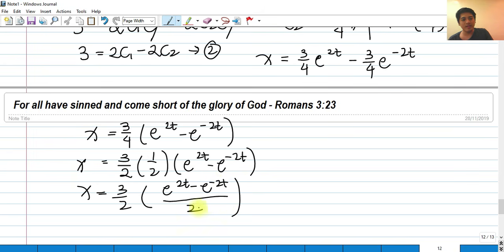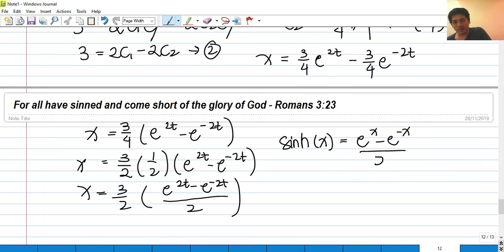Now, this is an identity, such that when we studied hyperbolic sine of x, that is equivalent to e raised to x minus e raised to negative x over 2. But since it has 2 in it, hyperbolic sine of 2x would simply be equal to e raised to 2x minus e raised to negative 2x over 2.